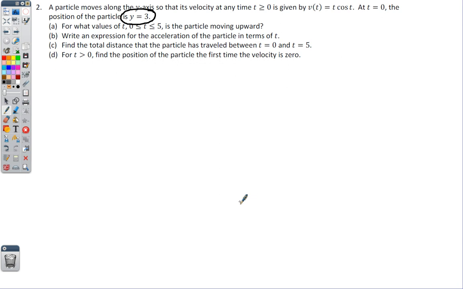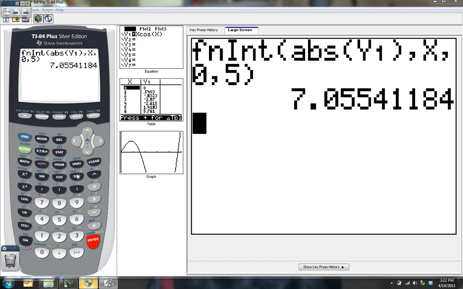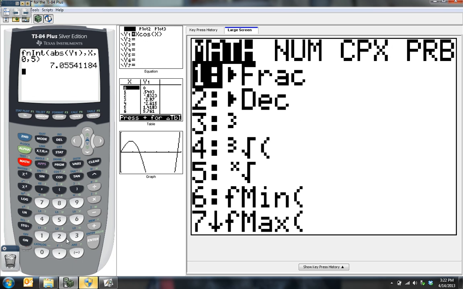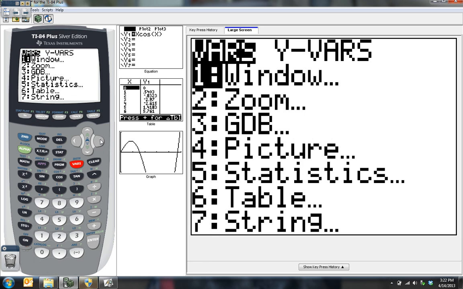And the displacement is very similar. We're going to take the integral from 0 to pi over 2 of v of t, but instead of using absolute value, we're just going to take the regular integral without the absolute value. So we know how to do that. We're going to go math 9, so that's FNINT, and then we're going to use y bars, and there's y1.